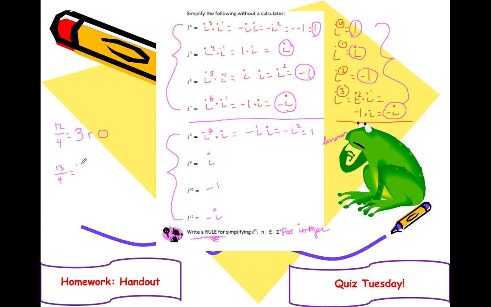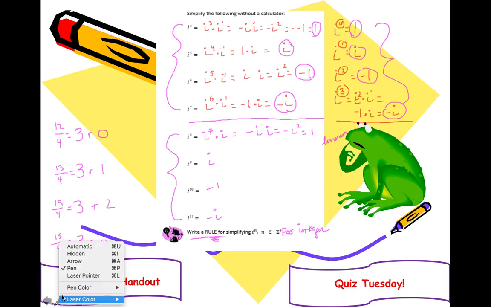You get, I don't actually care, but what's the remainder? How about 14? I don't care, remainder. How about 15? I don't care, remainder. Are you ever going to get a remainder of 4 when you divide by 4? I think not.